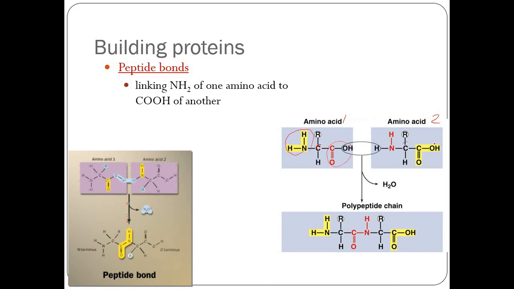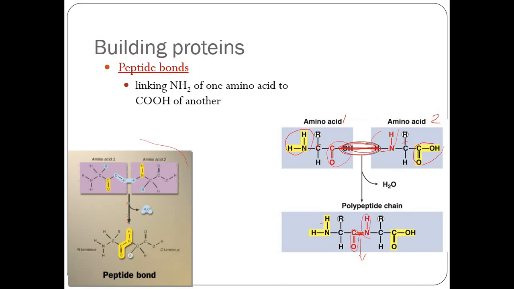For the carboxyl group and the amino group, you take out water, dehydrate it, and then you form the C-N bond, a single bond between C and N. This is what you now call the peptide bond. It's the same as this one. So it forms a peptide bond. The peptide bond is the C double bond O, NH bond.